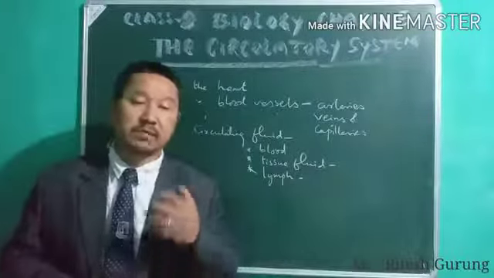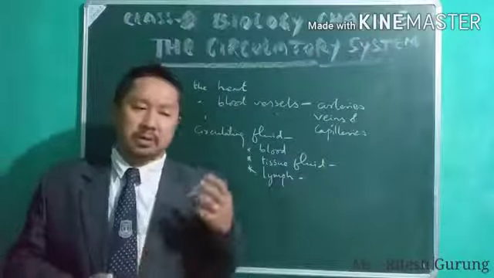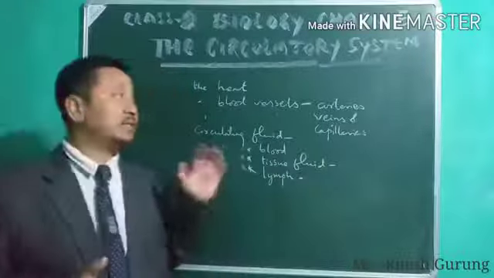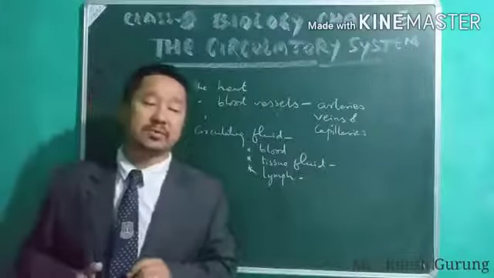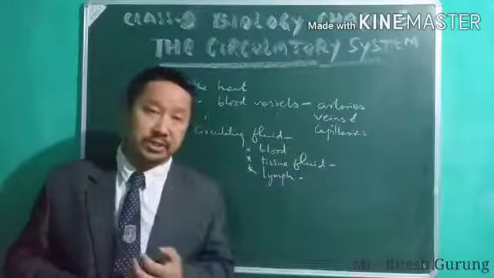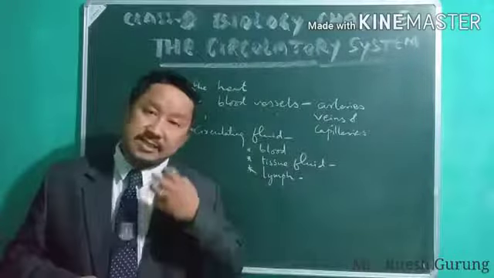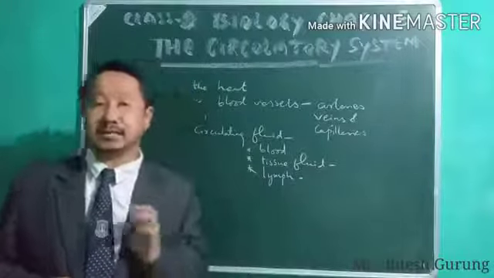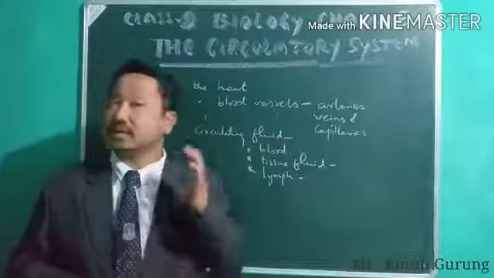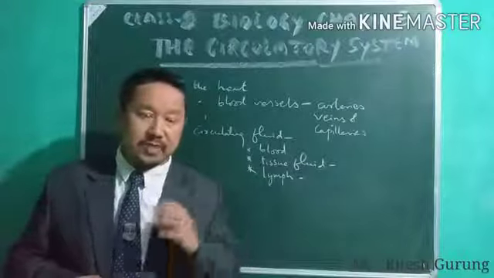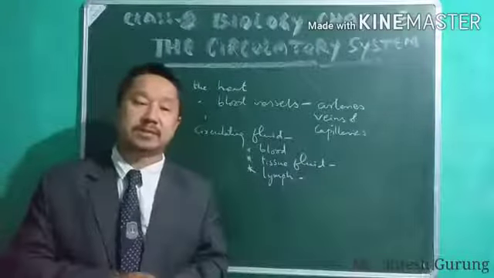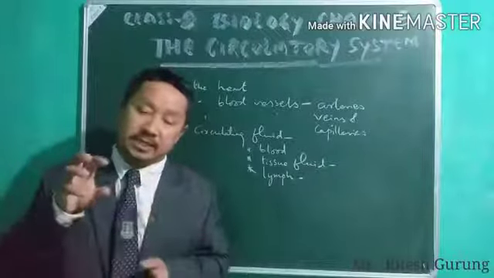Let me give you the materials being transported by this system. Number one, your digested food materials. The food which you eat gets digested in your digestive system, and the completion of digestion takes place in the small intestine. After digestion, the digested food materials are absorbed in the small intestine.